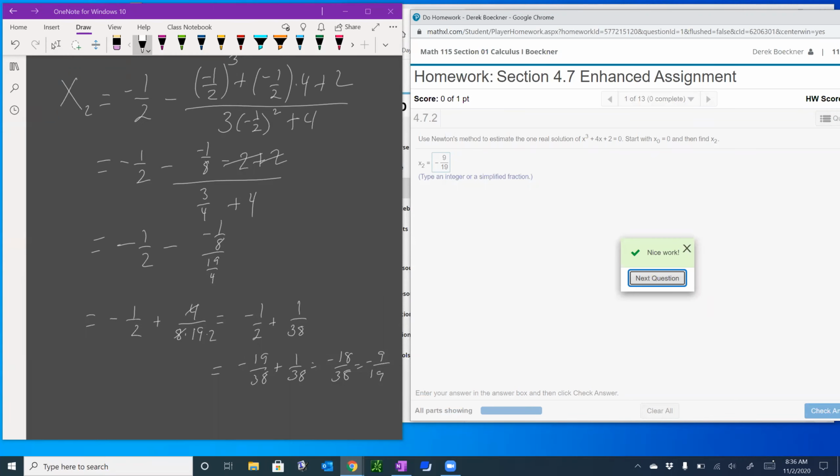And that was Newton's method with 2 iterations. And that's going to be pretty close. Let's plug it in and see actually how close we are. Get a graph here.